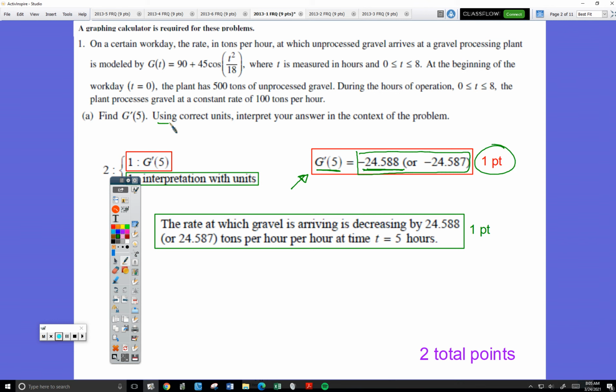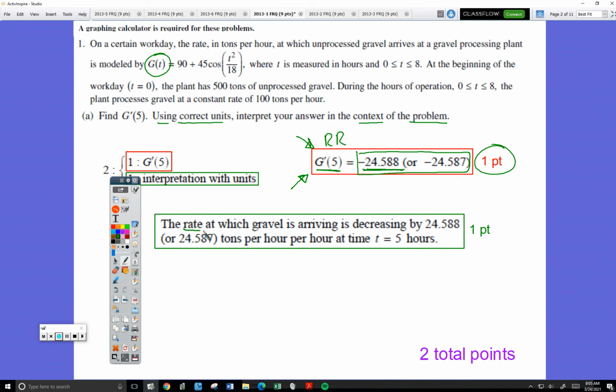Then it says using correct units, interpret your answer in the context of the problem. So keywords here are G, kind of confusing. G itself is already a rate. So G prime is a rate of the rate.